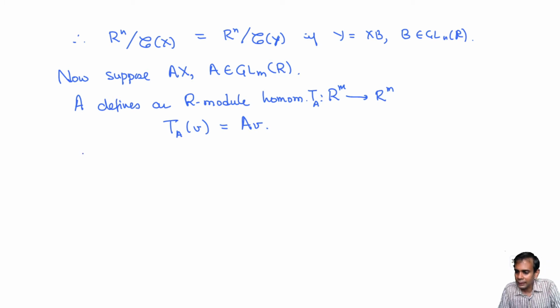Now what does T subscript A do to the column space of X? So if I take T subscript A and apply it to the column space of X, then that means I'm applying T subscript A to vectors in the column space of X. What are vectors in the column space of X? Well, they're vectors of the form XV, where V belongs to R^n.